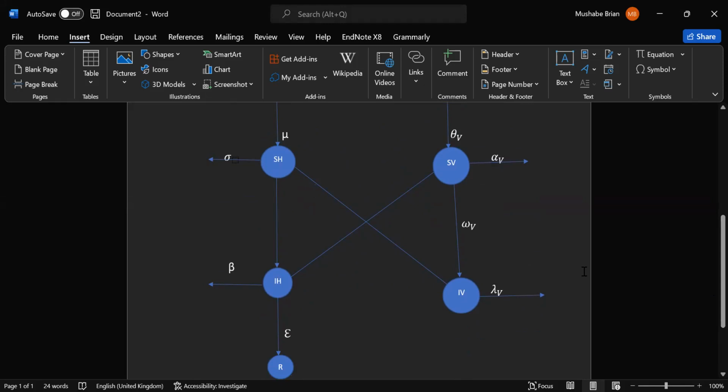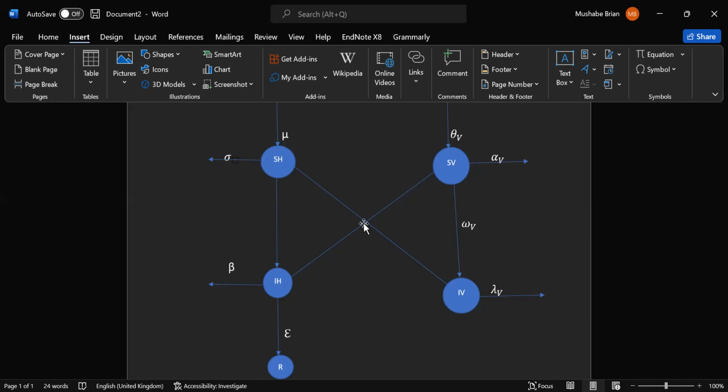Hello. So according to this model, we are looking at SH, which is the susceptible population among the humans, and mu looks like the birth rate of the people entering the humans, and then theta is the death rate due to other reasons.